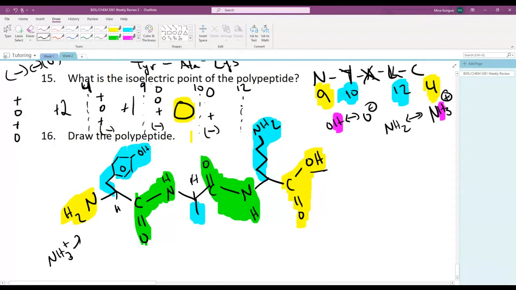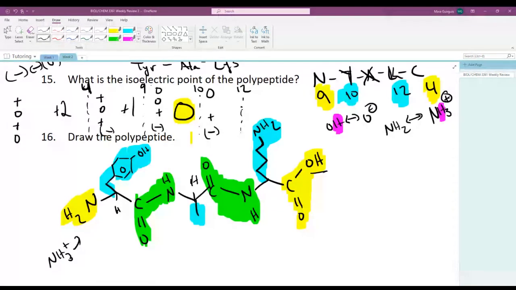What about tyrosine? It just got deprotonated. Is its charge going to be positive, neutral, or negative? Anyone?